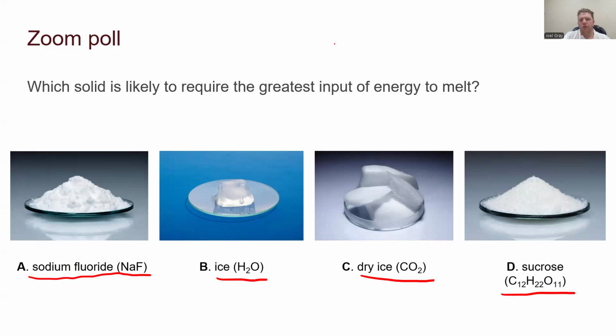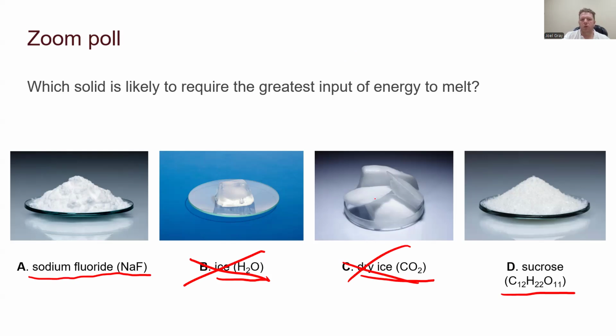If you got an ice cube and you put it on your stove, is it eventually going to melt? Yeah, you could probably do that without even adjusting the dial. Now, dry ice. You put it on your stove. Could it melt? Yep, again, without even adjusting the stove. So those two are out.